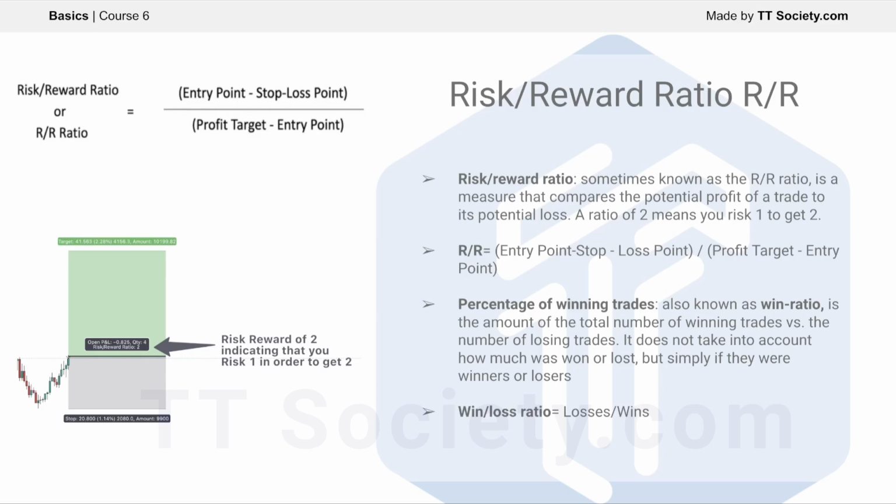You risk $10 in order to make 20. In this example here, we can see the tool inside of TradingView showing us a risk reward level of 2, indicating risk 1, get 2.